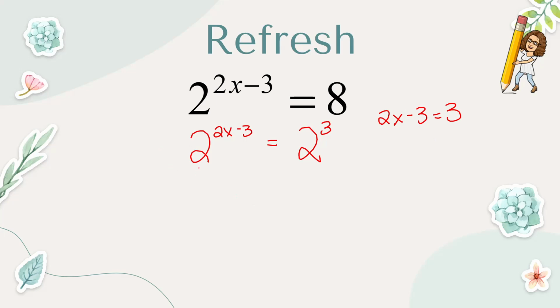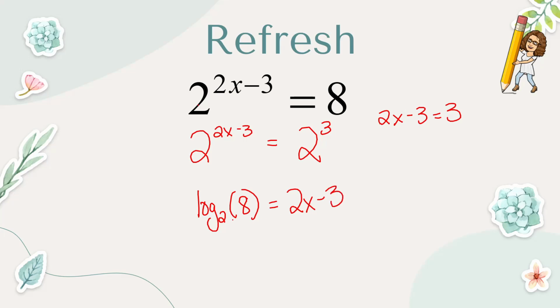Or the other way we said is we could change it to a log on both sides. So change it so that it's a log. Remember, it went from base to answer equals exponent, because log is the way to get to the exponent. So we could go log with a base of 2 of 8 equals 2x minus 3. And then we would have to check: what is log base 2 of 8?